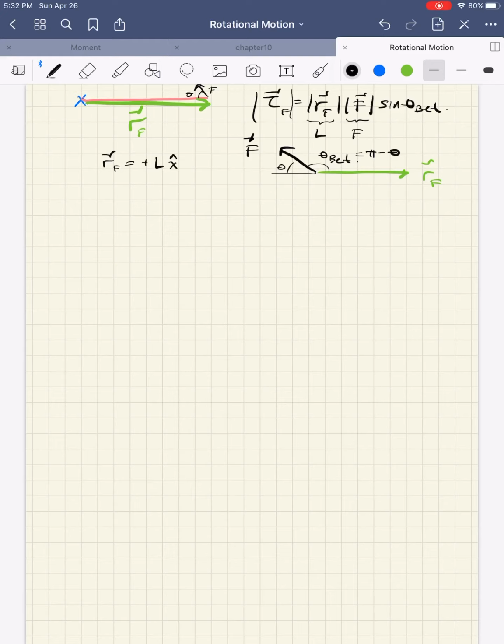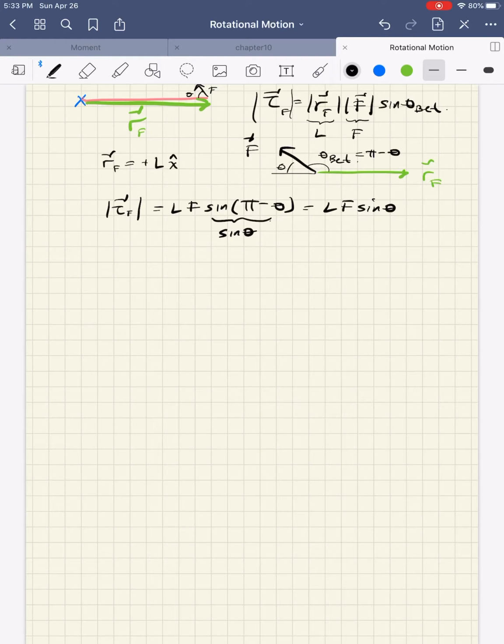And so in total, the magnitude of the torque acting on F is LF sine of pi minus theta. And sine of pi minus theta turns out is just equal to sine of theta. Just check that really quickly on Mathematica. So the magnitude of this thing is just LF sine theta.